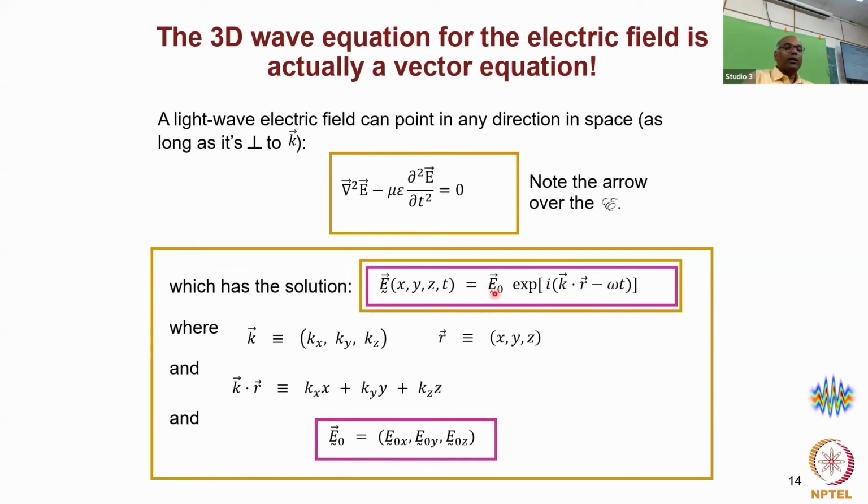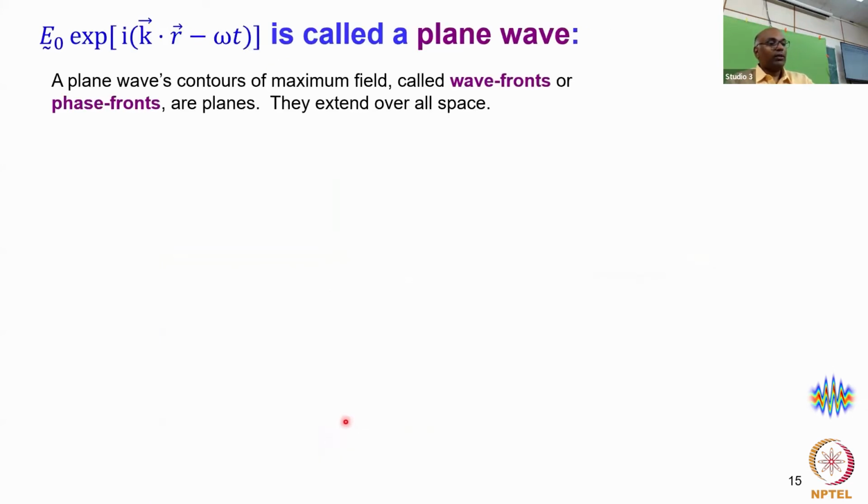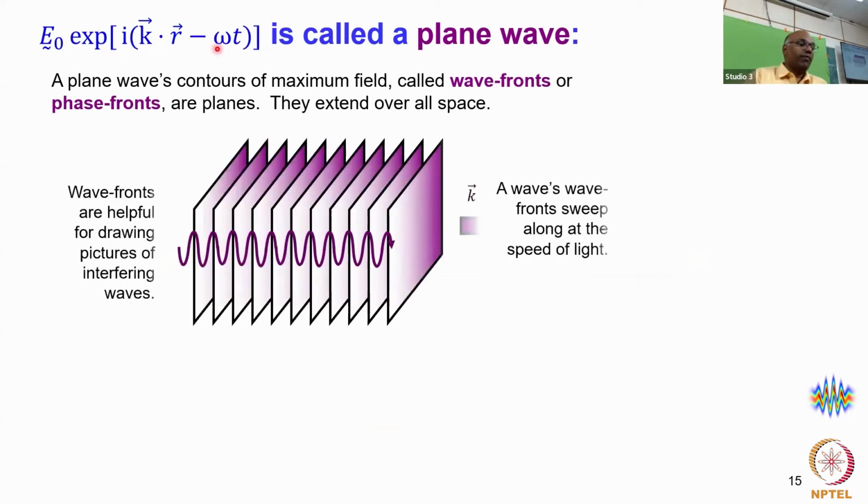We are using it as a mathematical tool, and so we are reminding ourselves of that. So if I now consider the solution of the form we had taken up earlier, where the amplitude of the wave is E naught, I will skip mentioning the tildes. You understand what they mean. E naught exponent i k dot r minus omega t. This wave is called a plane wave.